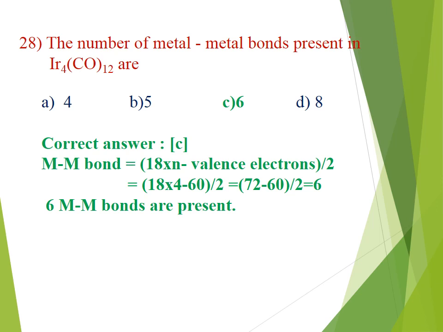Here 18 into 4, where 4 is the number of metal atoms, minus 60, divided by 2, will be equal to 6. Therefore, the number of metal-metal bonds present in the complex is 6. Therefore, the correct answer is C, 6.